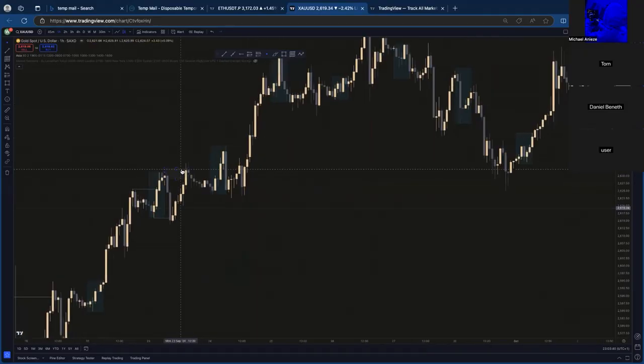It broke structure. As it broke structure, I'm still going to teach you why price does this. It could break structure, create a new high, then come take this low and continue. So this break of structure is a sweep of liquidity right here.